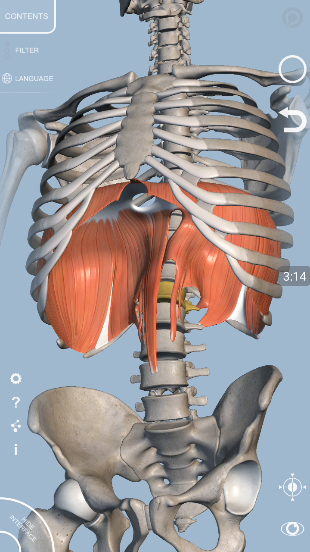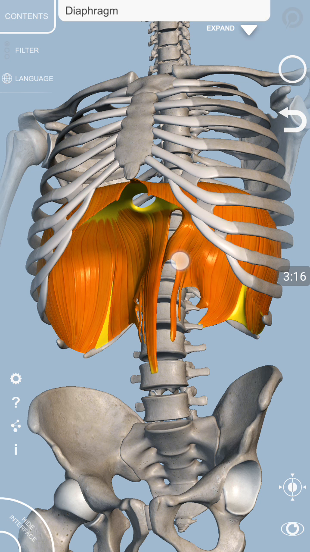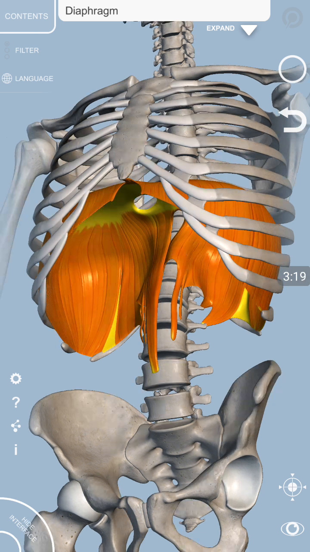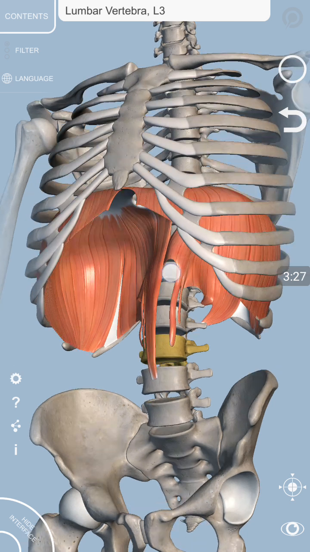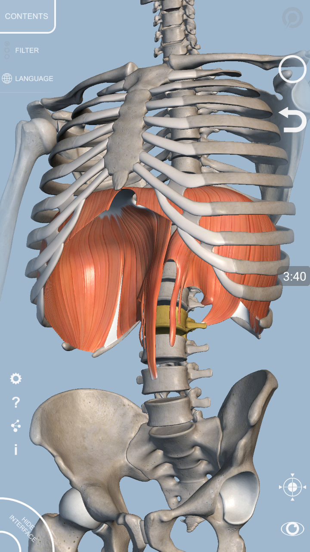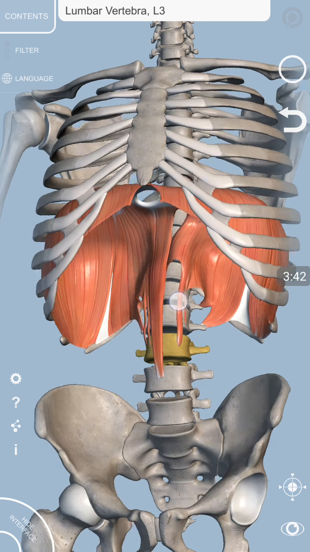So these two crura are joined together at the median arcuate ligament, and as a result an opening is formed, and this opening is called the osteoaponeurotic opening, through which the aorta passes at the level of T12. Along with the aorta, two other structures pass. Number two is the azygos vein or hemiazygos vein, and number three is the thoracic duct.